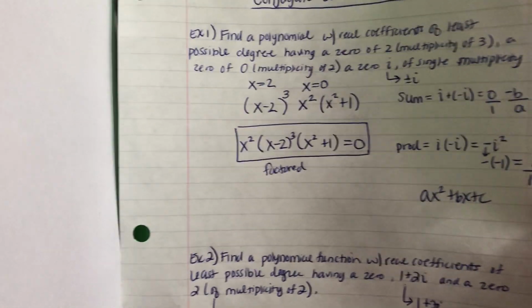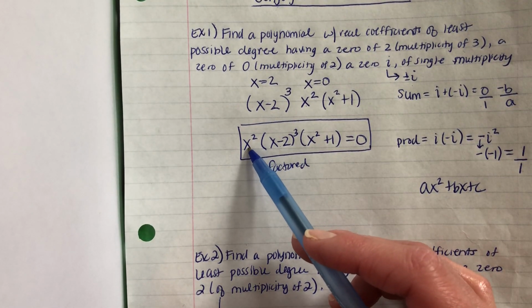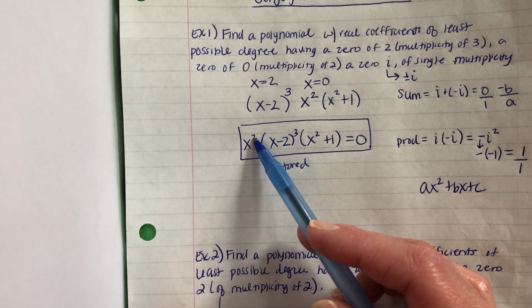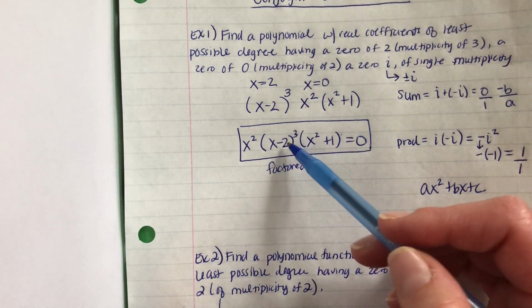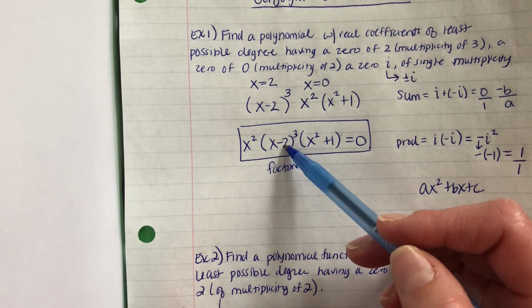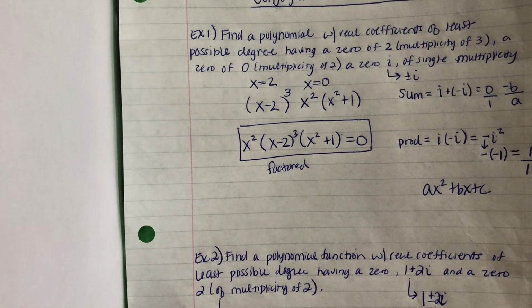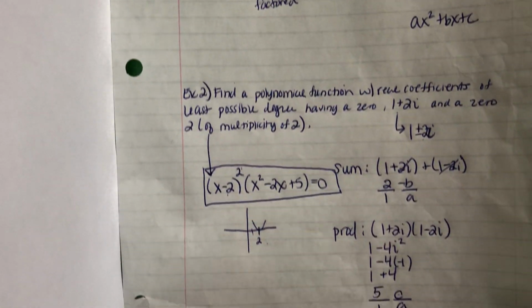So as another example up here, here the root is 0. If the multiplicity is even, it's going to bounce off the root of 0. Here the multiplicity is odd, and even this one. So for this real root, where the multiplicity is odd, you will see it'll go through the root of 2 because the multiplicity is odd. That's just one little fun fact from what we learned last unit as well.